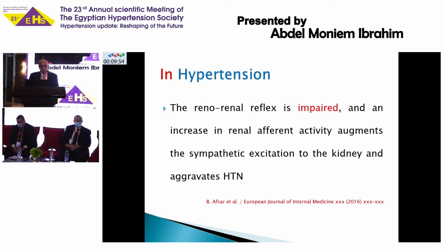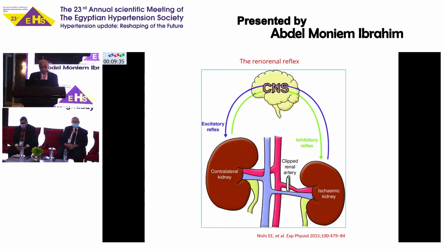In hypertension, the renal reflex is impaired, and an increase in renal afferent activity augments the sympathetic excitation to the kidney and aggravates hypertension.